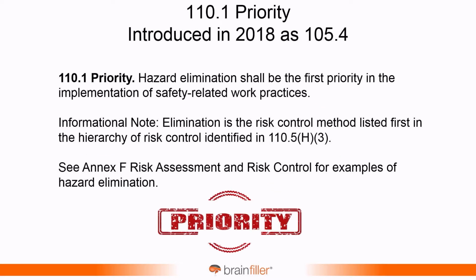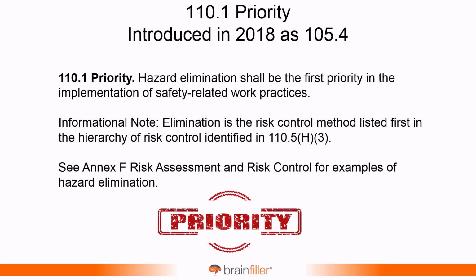Well, this goes back to the question that I asked you when we got started. What's the single most important aspect of electrical safety? Eliminating the hazard. Because of that, this is the priority, the single most important priority throughout all this. Eliminate the hazard, so much so that it was moved to 110.1, the first thing that you're going to see.